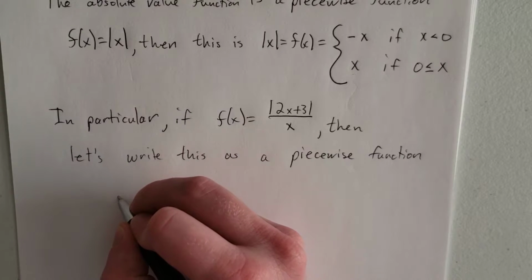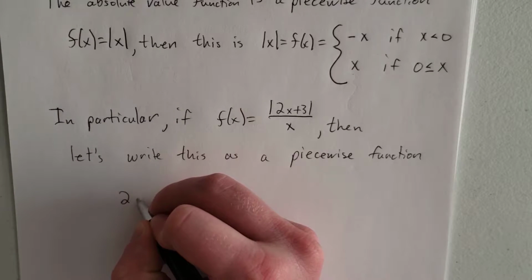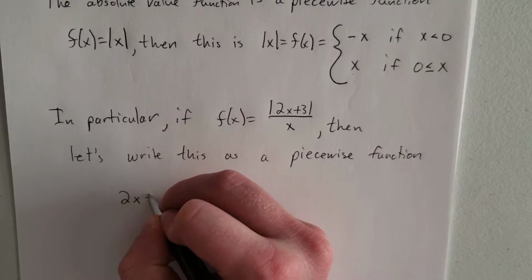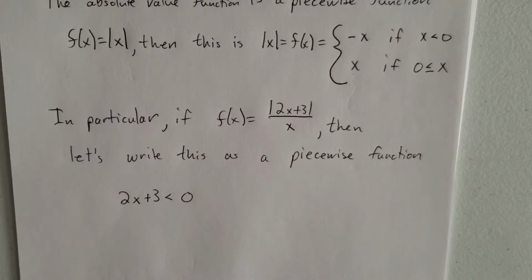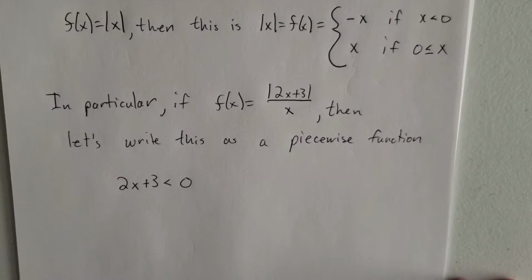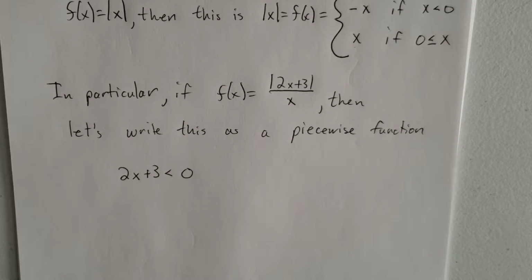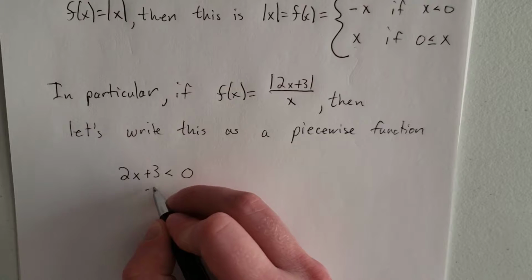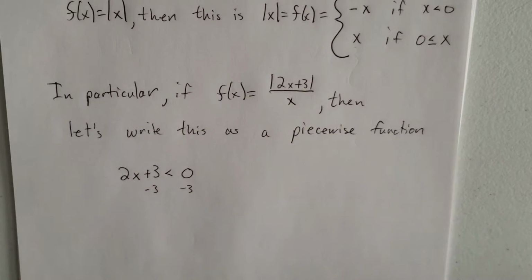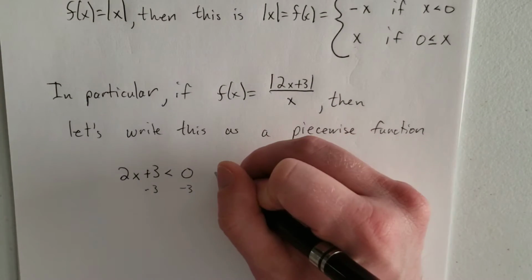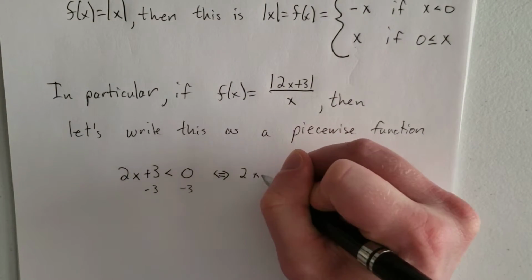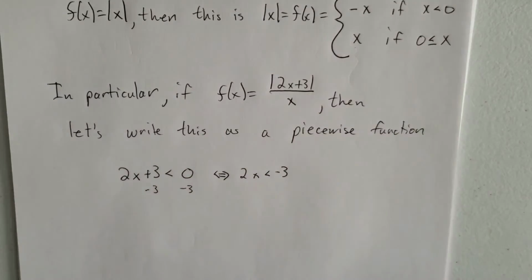So, when is 2x plus 3 less than 0? We want to solve that inequality. Well, this happens when, if we subtract 3 on both sides, we get, this is equivalent to 2x is less than negative 3.